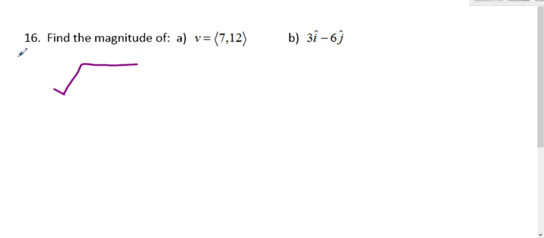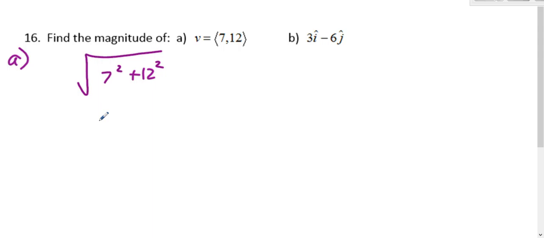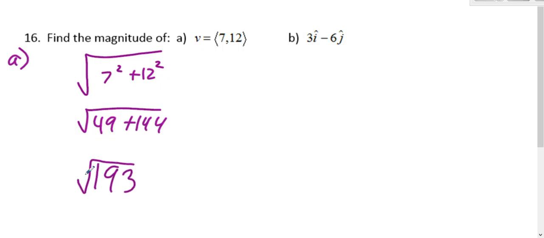So this will be for A, do the square root of 7 squared plus 12 squared. So 49 plus 144. Square root of 193. That's the magnitude of V.